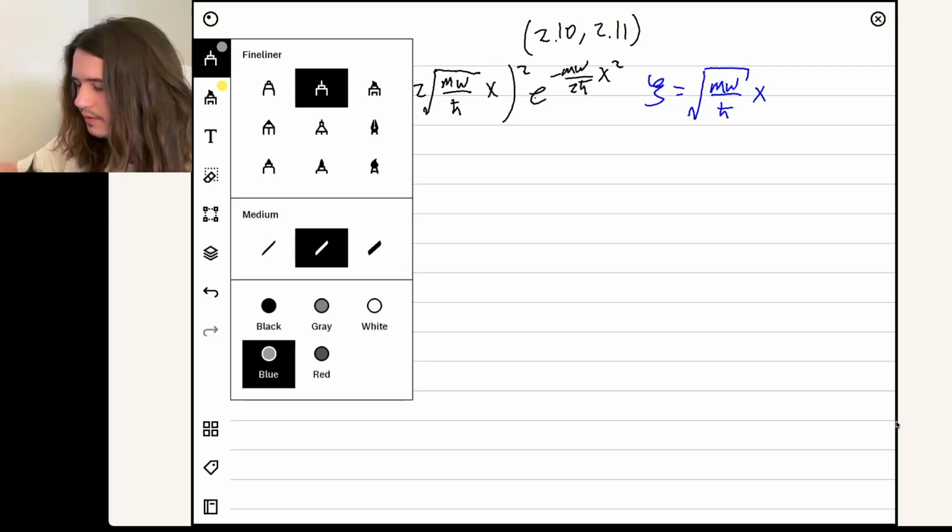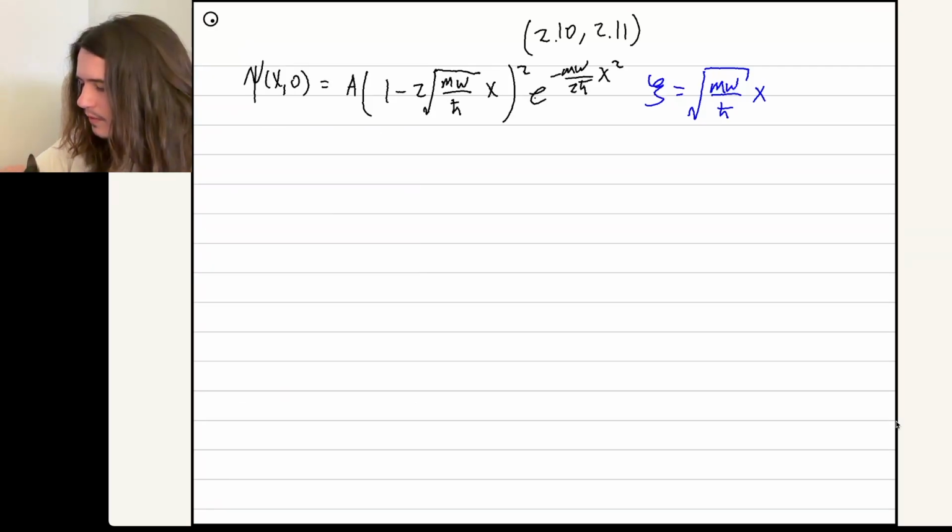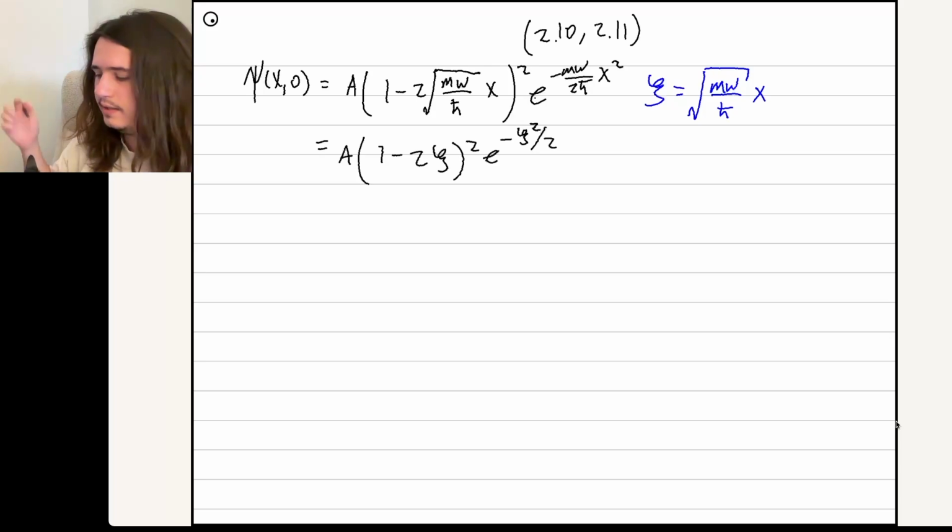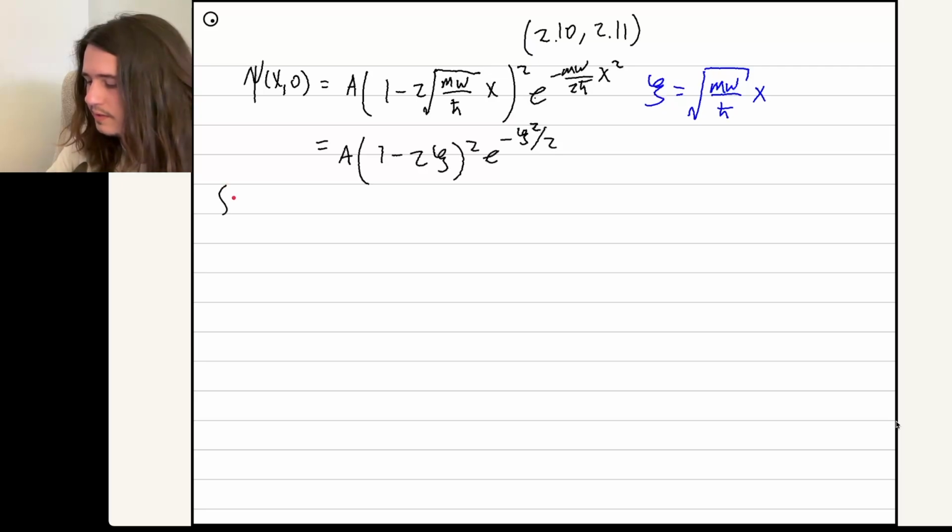So in fact, our initial wave function looks like A times (1 minus 2ξ squared) e to the minus ξ squared over 2. So that's interesting.